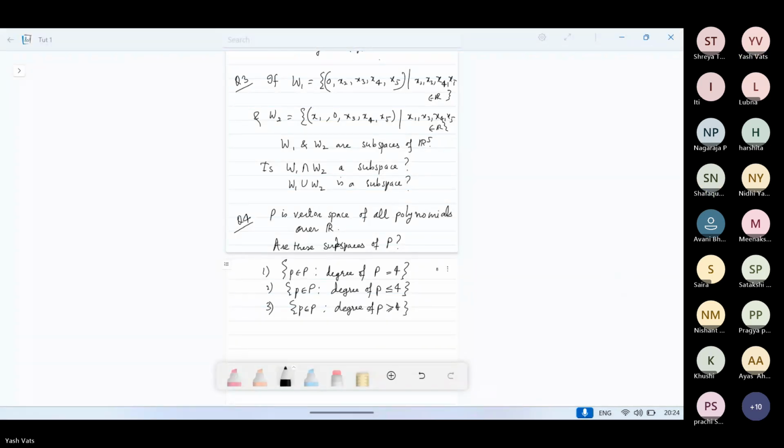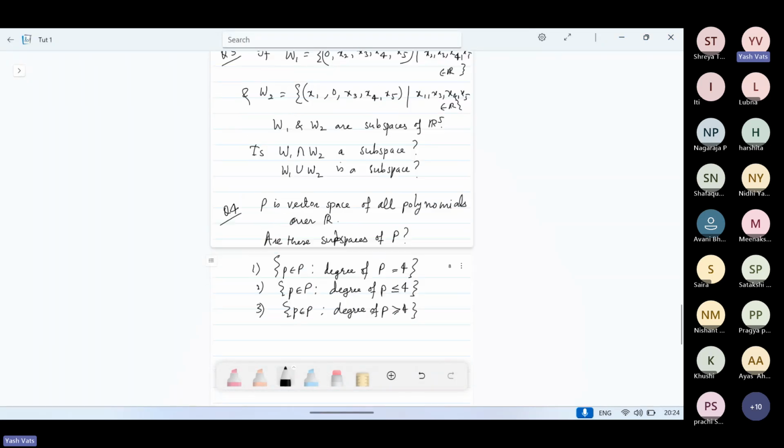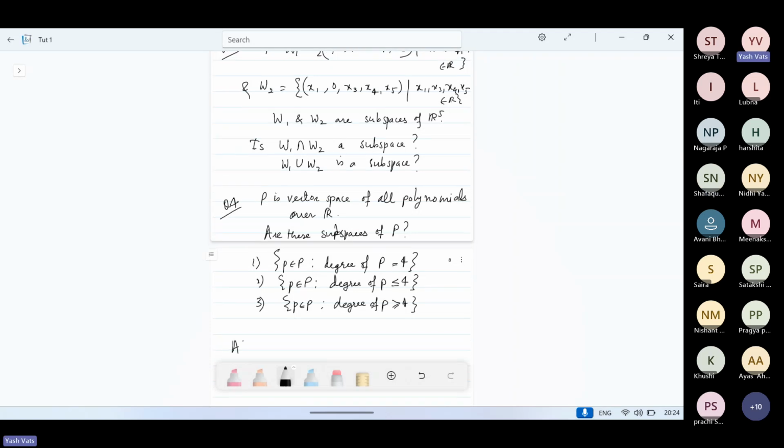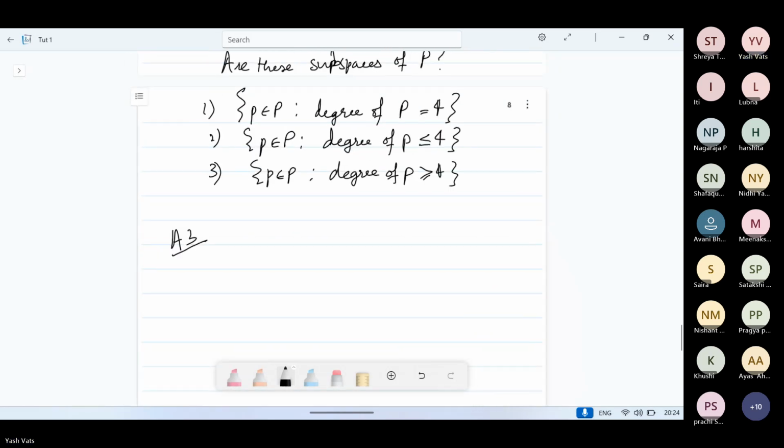Okay. Yes, tell me. What approaches did you use for the first one? So W1 and W2 are subspaces of R5. That is very clear. And W1 intersection W2 is a subspace. That is also very clear. If x is in W1 intersection W2 and y is in W1 intersection W2, then x is a part of W1 as well as W2.